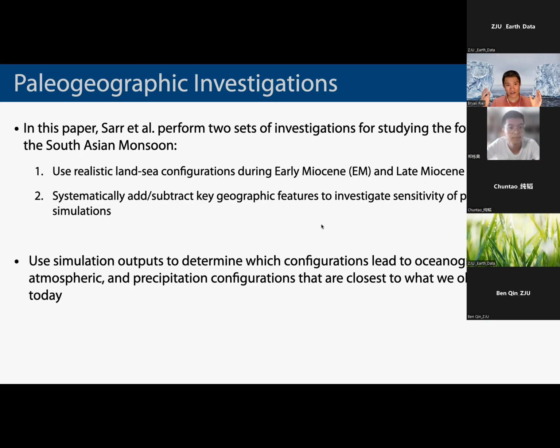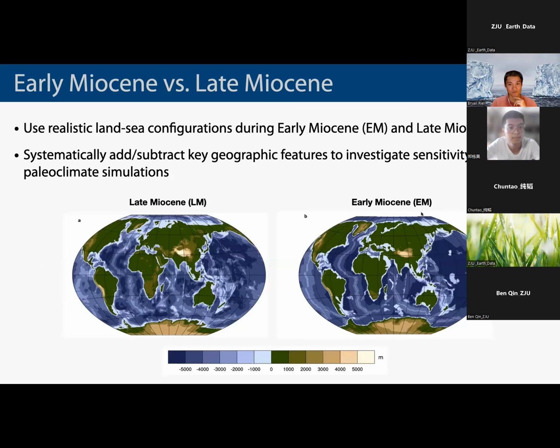You want to see how certain mountain ranges will affect atmospheric circulation patterns. They'll use the simulation outputs to determine which configurations are closest to what we observe today. This is showing the distribution of continents during the early Miocene and the late Miocene.